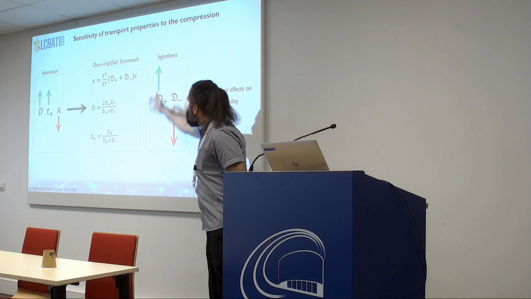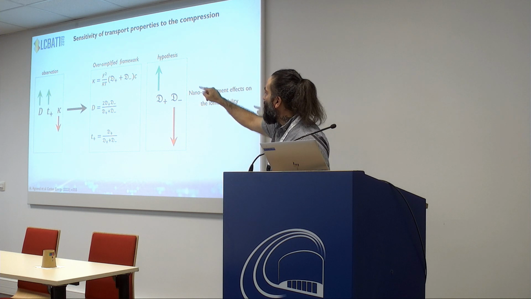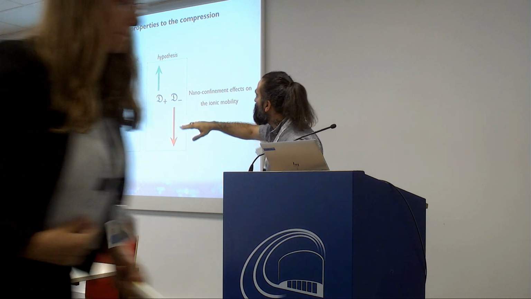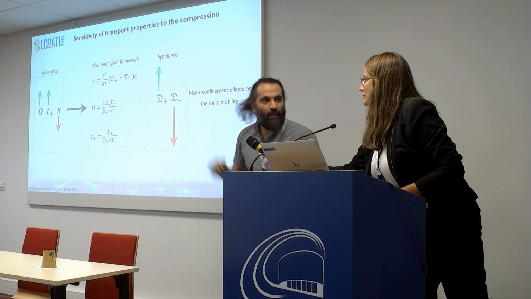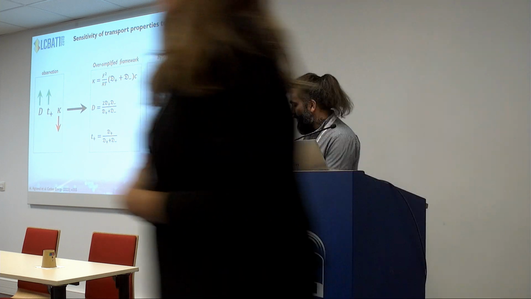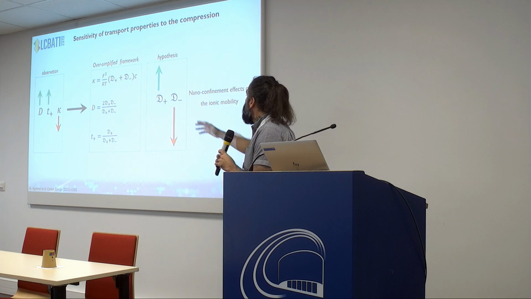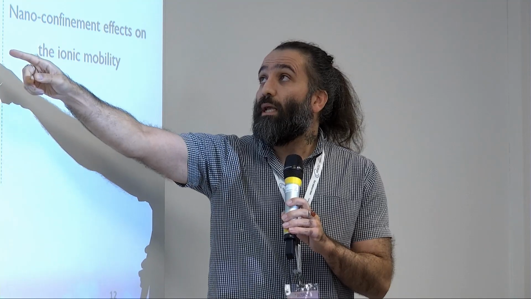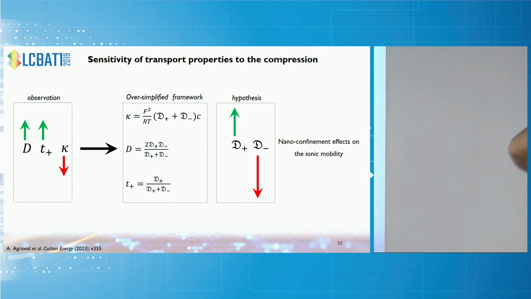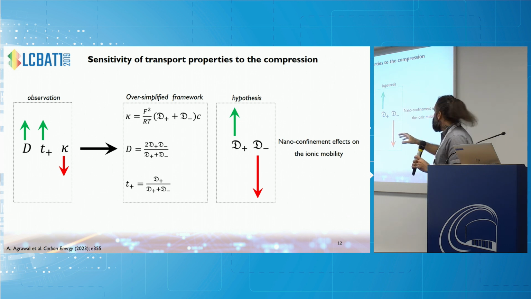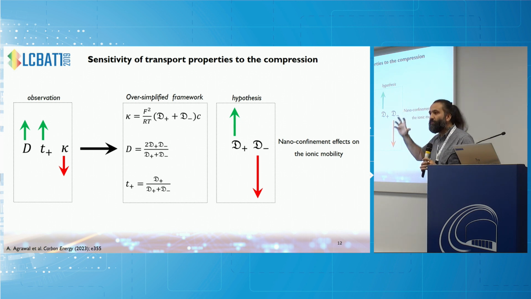If we consider such a framework, then the experimental observation of the constructive impact of compression on diffusion coefficient and transference number, and the destructive impact on conductivity, can be explained by the fact that pressure decreases the mobility of the effective counter ion to lithium, as a simplification, while for lithium the mobility under pressure is enhanced.